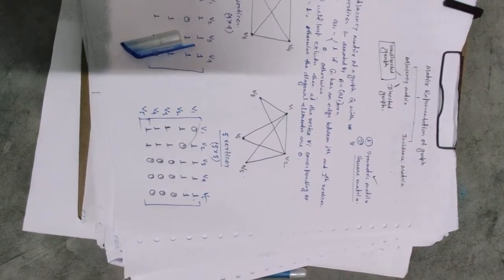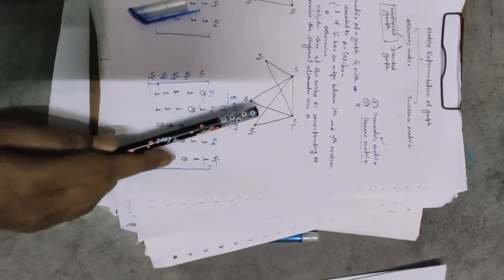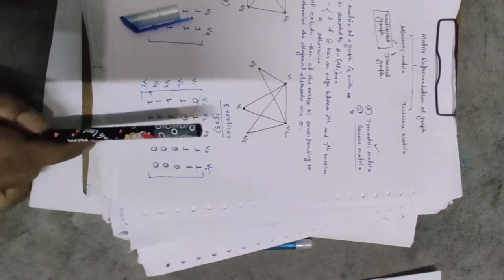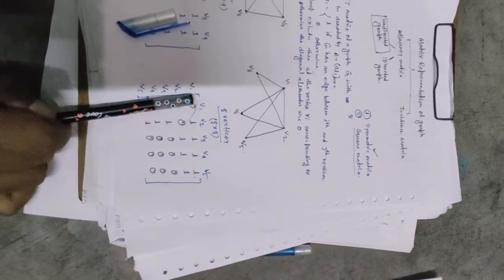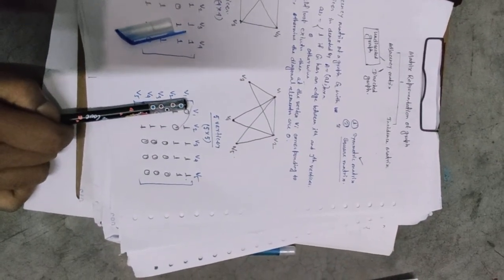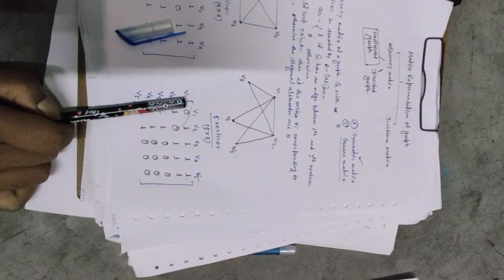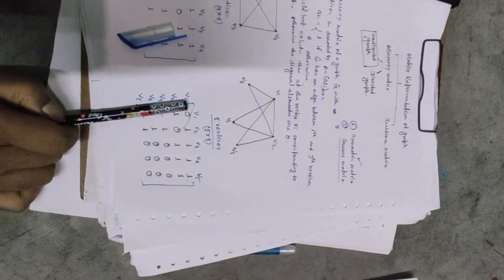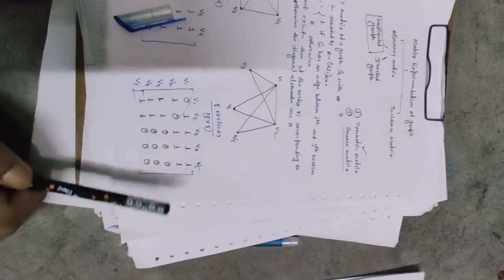Since here we found a matrix by using a graph, now I will show you how we can find the graph from the matrix.